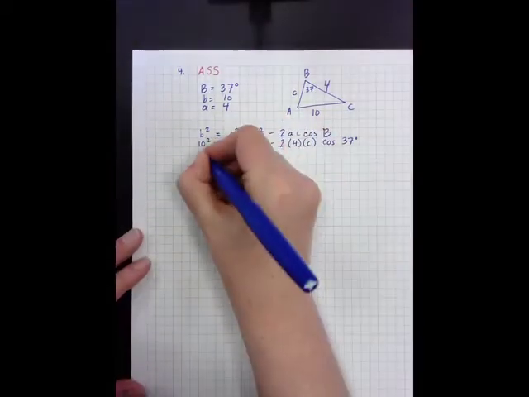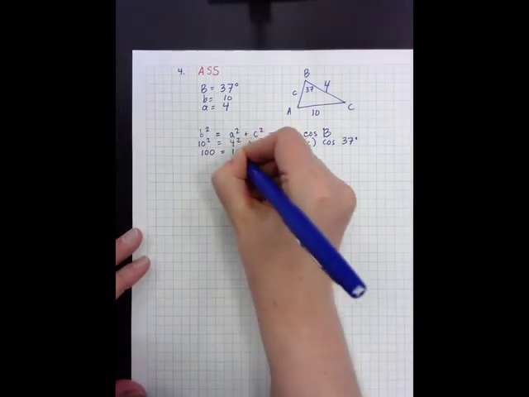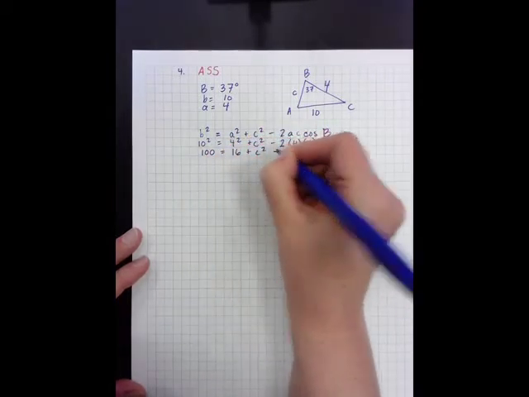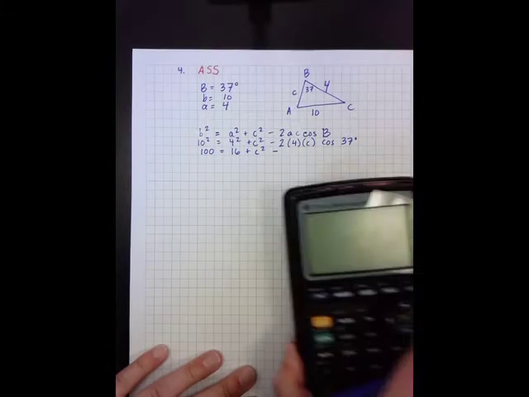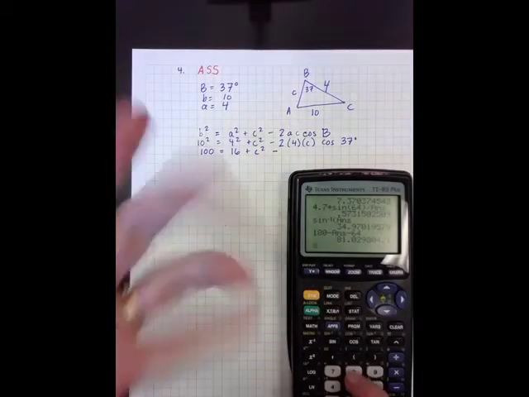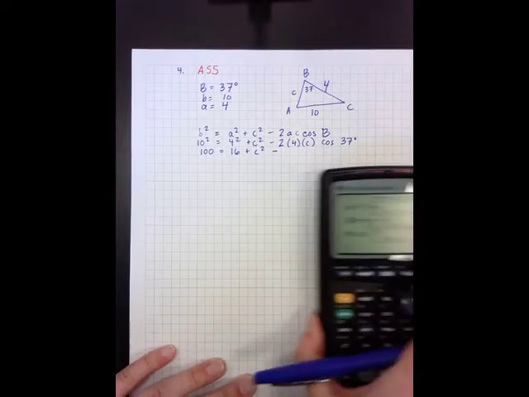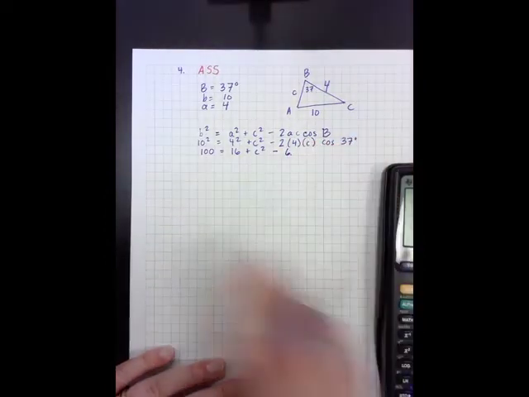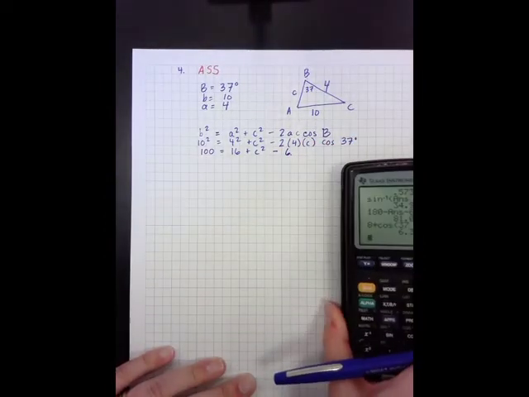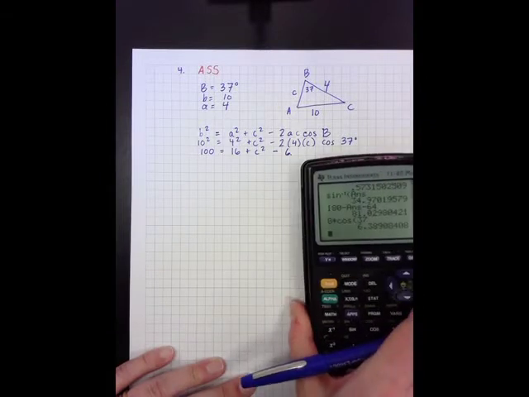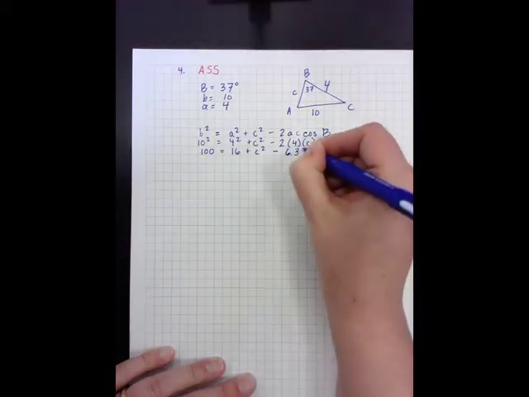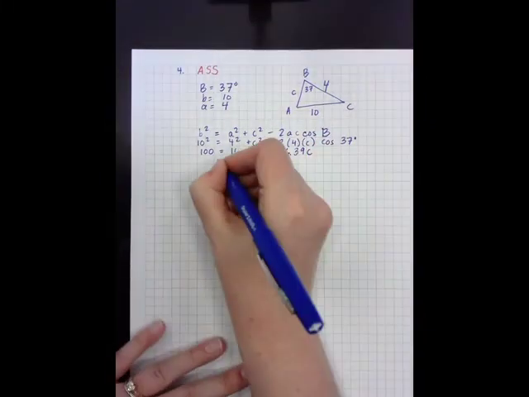So I have 100 equals 16 plus c squared minus, so now I'm going to do 2 times 4, which is 8, and times cosine of 37. And so getting an approximate here, it's going to be approximately 6.39c. And then I get the equation equal to 0.